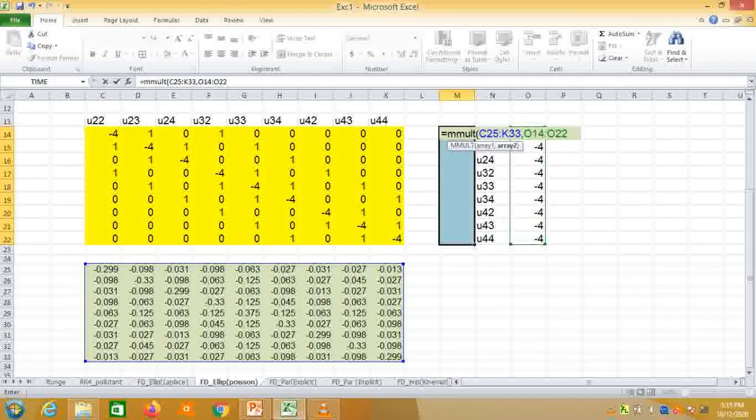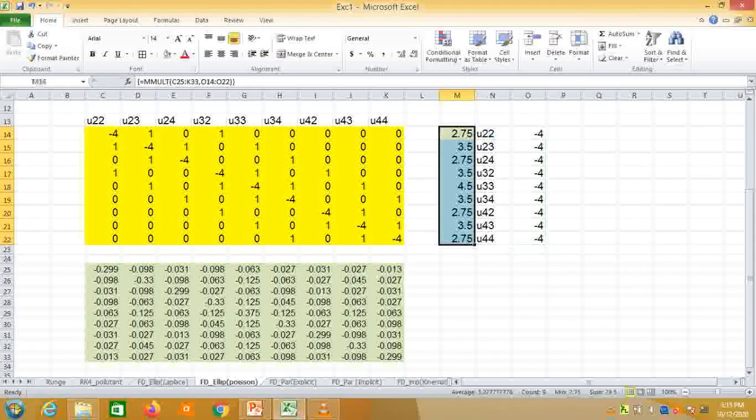So we have just chosen the two matrices to be multiplied, and then we say Control Shift Enter. That should give us the values for each one of those nodes. So basically, the values at each one of those nodes are given here.